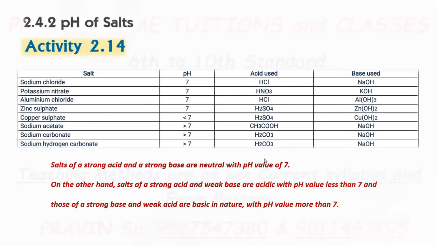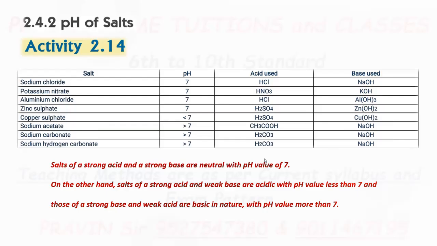Now, here in this table, I have shown the pH value for different salts. The pH value of a solution or salt depends upon which acid and which base are used for the formation of that salt.